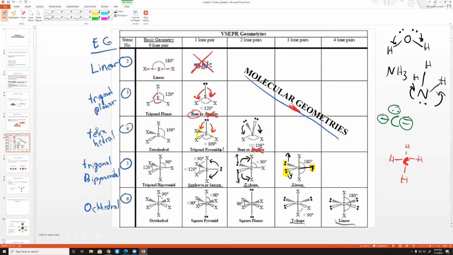So think about it as the lone pair electron groups creating a trigonal planar arrangement like this, like around. I wish I was in three dimensions, and I wish I could use my hands to talk about this, but hopefully you see what I'm saying.